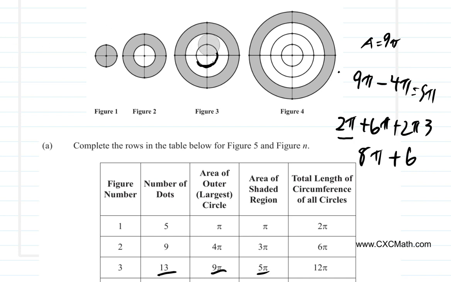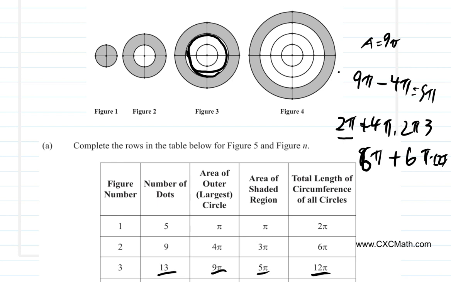Then you have the second circle, 2 pi times 2, which is 4 pi. Plus 4 pi. So this should have been 6 pi plus 6 pi, giving you 12 pi.